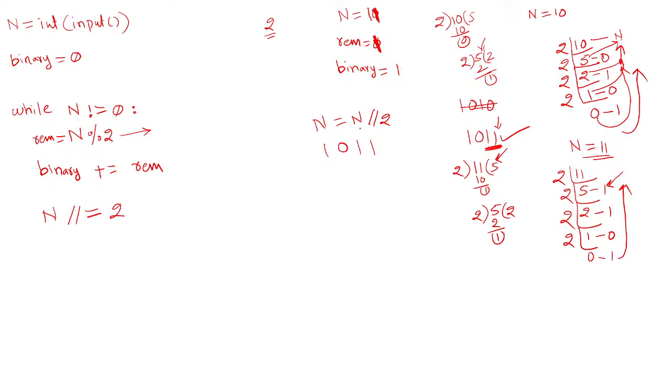This 1 we got here, if you take their place values, this is in the units place or ones place, this is in the tens place, this is in the hundreds place, and this is in the thousands place. If you add 1 plus 1, it is becoming 2, but it should become 11 here.